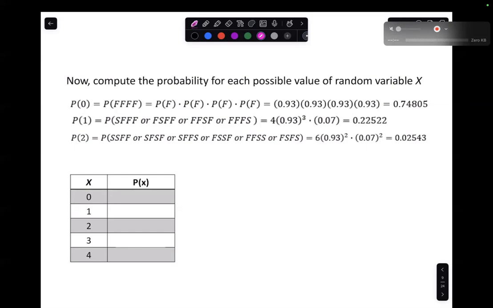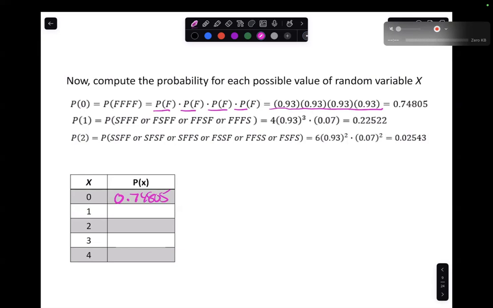Remember, with and probabilities, we multiply. So I have probability of failure times failure times failure times failure. There's a 7% chance of success, and a 93% chance of failure. This one is pretty simple because it's basically 0.93 to the fourth power, which is 0.74805. Okay, that's all lovely and good.